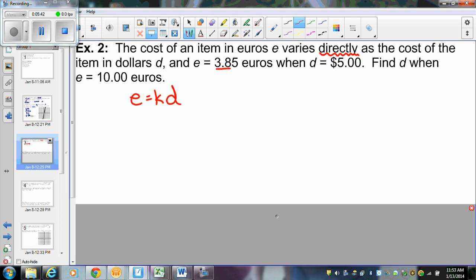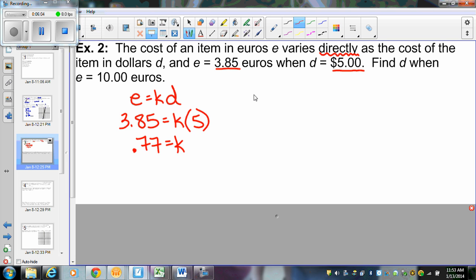So that's where the 3.85 euros and the $5 come from. When E is 3.85, D is 5. So now all you would need to do is divide the 5 over, and you get a K, a constant of variation of 0.77.